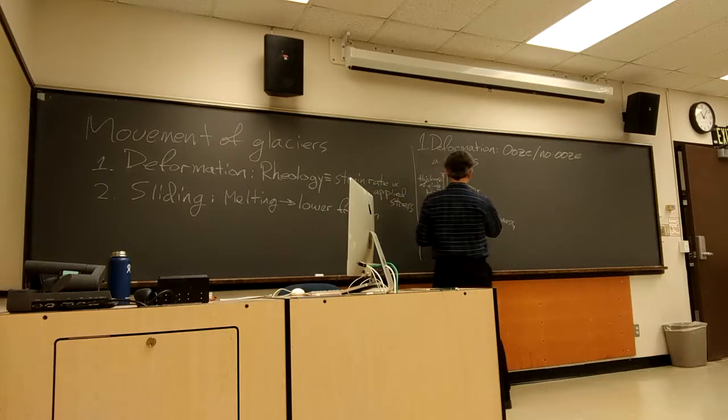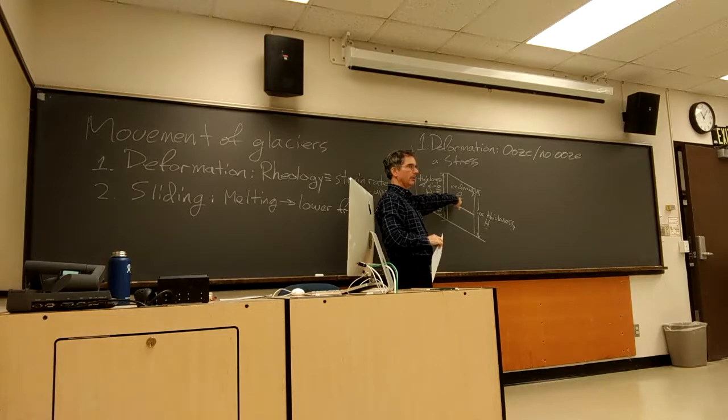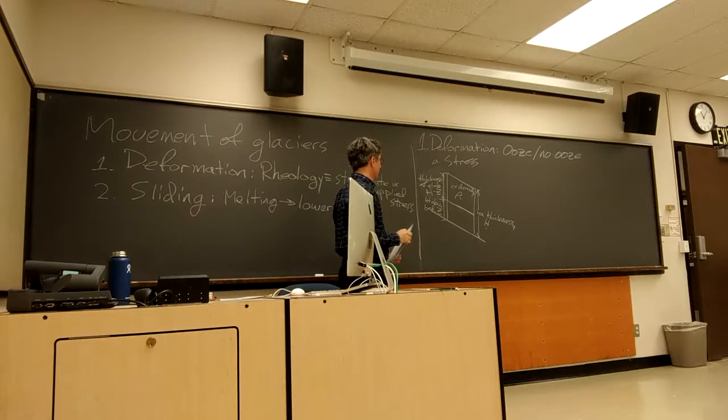We've got ice with its density. I generally always use the Greek letter lowercase rho for density, and then we'll give it a subscript i for ice.